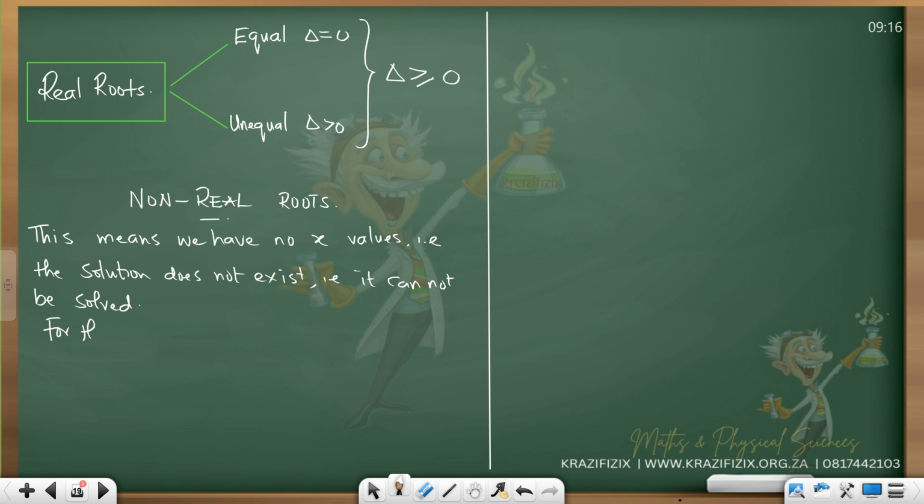For this to happen, the discriminant must be less than 0. So if delta is less than 0, that is negative, the square root of a negative is undefined.